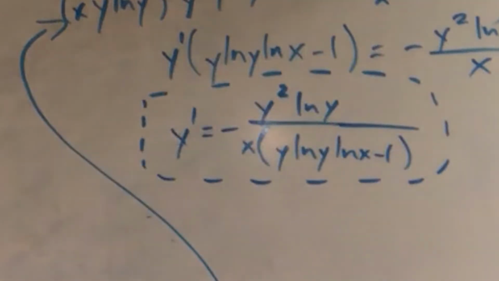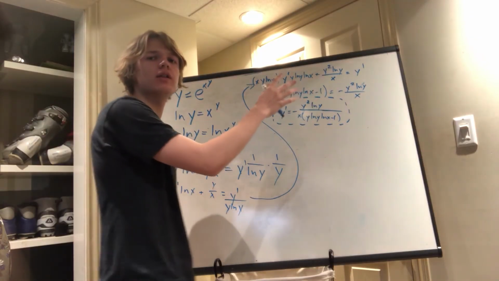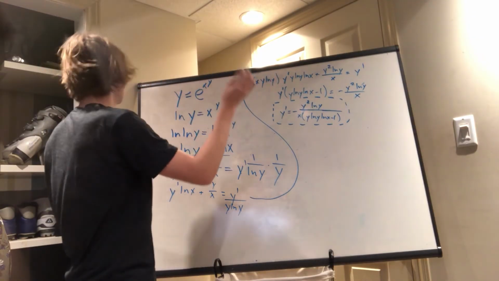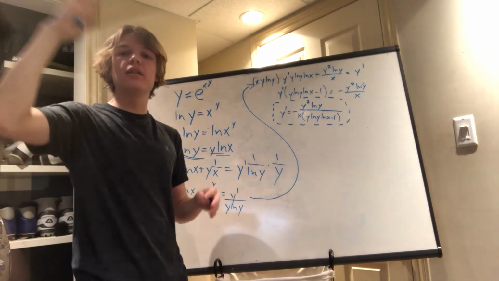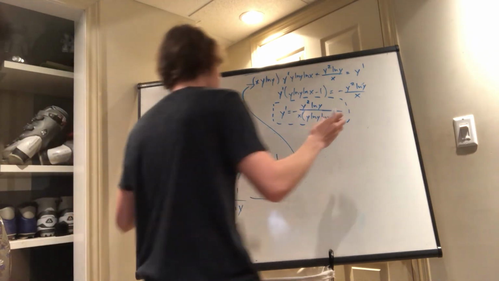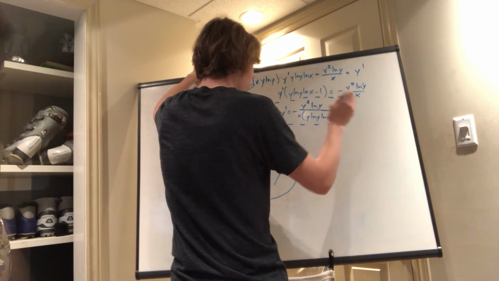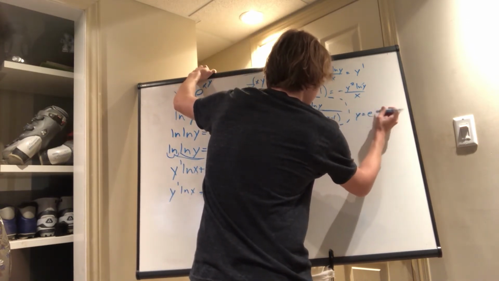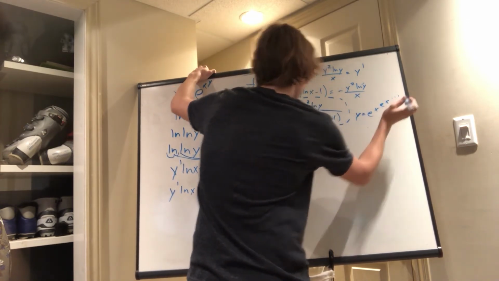However, there's y's in this answer, and we want our answers in purely x's, because remember, our original was e to the x to the e to the x. So, remember that y equals e to the x to the e to the x to the dot dot dot.